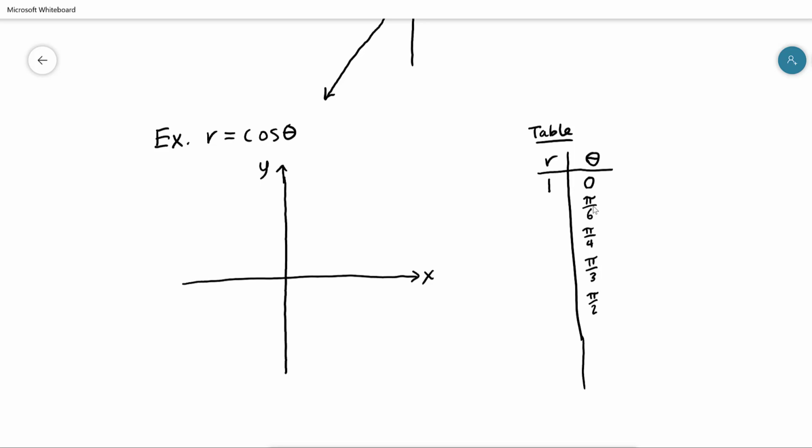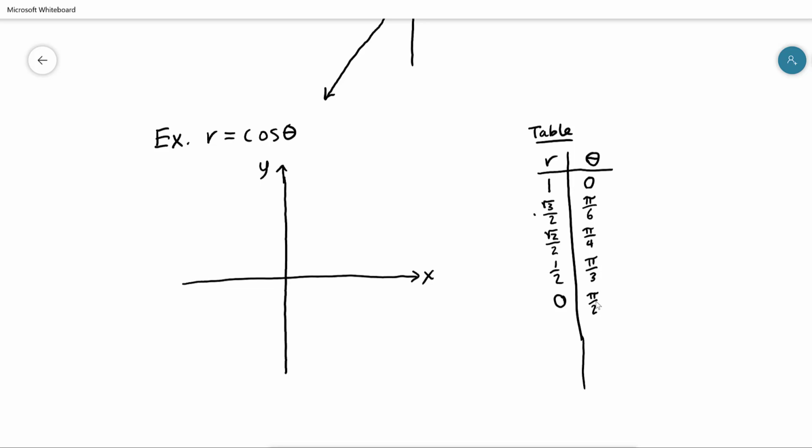Well, that number is root 3 over 2. And what about when I plug in pi over 4? Well, that is root 2 over 2. And pi over 3, we get a half. And by the time we get up to pi over 2, we're all the way down to 0.